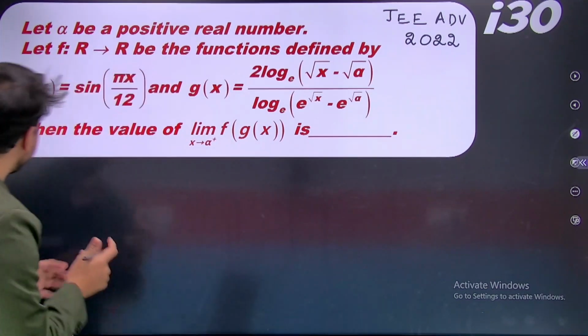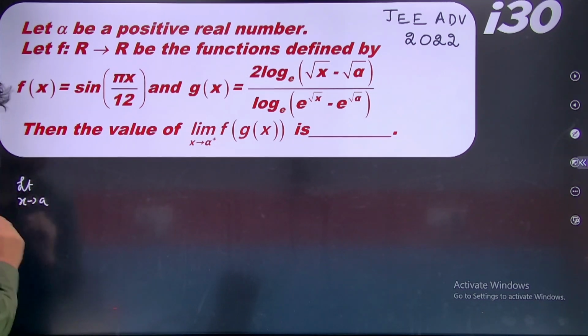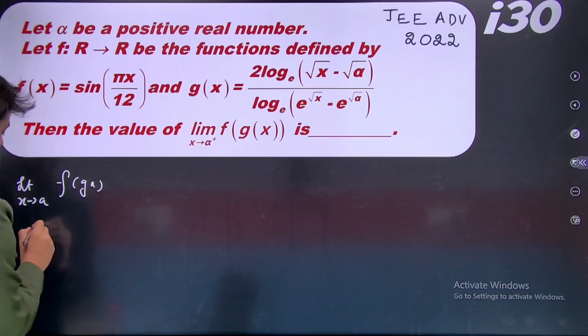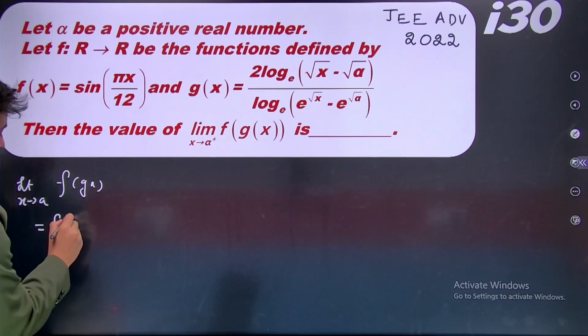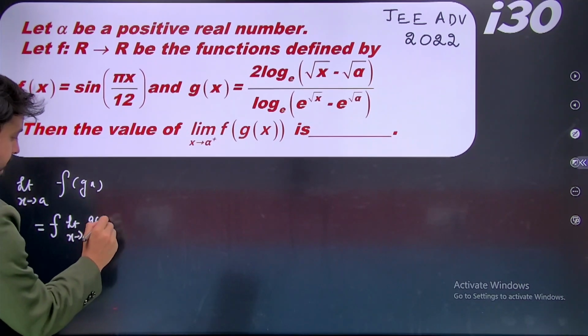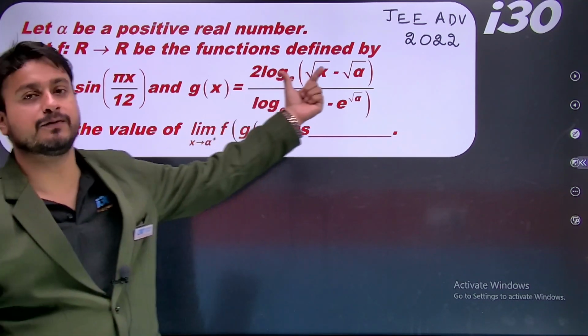So we have a wonderful property: limit x tending to a of f(g(x)) can be written as f of limit x tending to a of g(x), right? What we need to do is just calculate the limit of g(x).